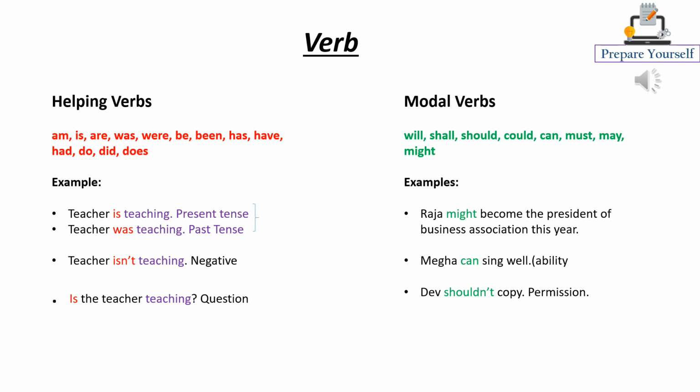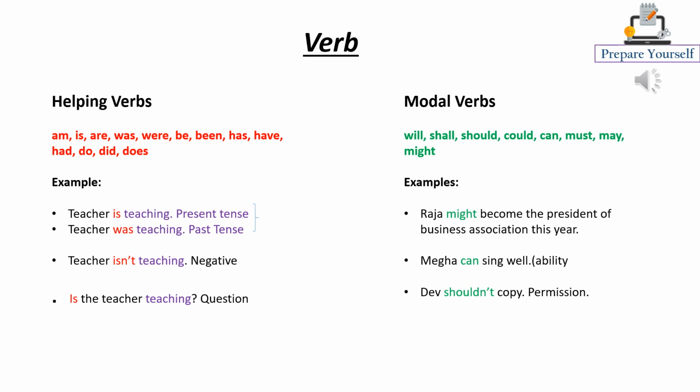Teacher is teaching. There are two verbs in this sentence, helping verb and main verb. Main verb is teaching. So now what is the role of is? In this sentence, it is helping us to indicate the tense of the sentence. With the help of is, we can notice that it is a continuous tense or present tense.